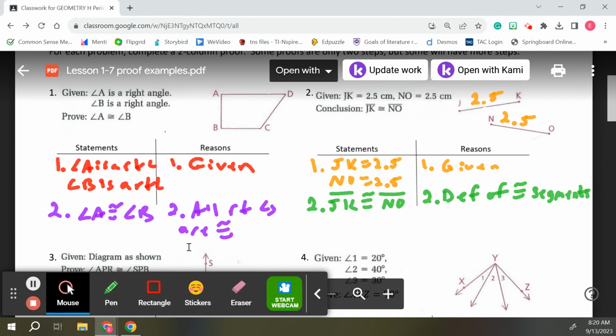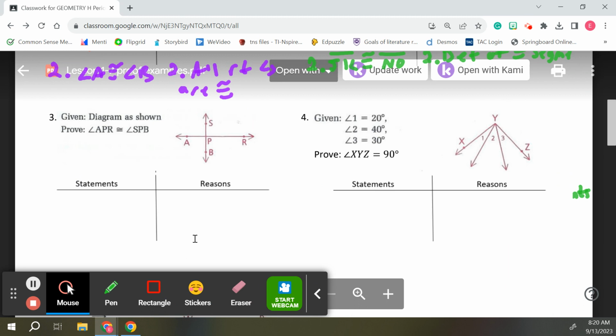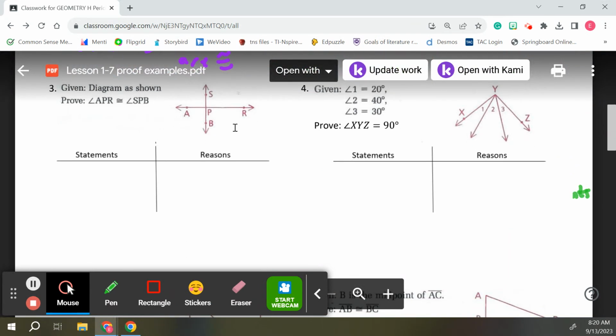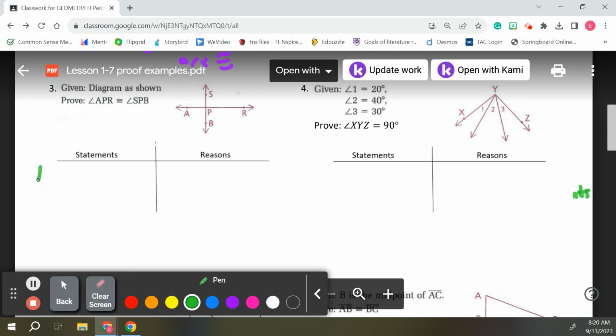All right, let's take a look at example 3. So this says, given, again, we're given this diagram, prove that APR is congruent to SPB. All right, so I'm first going to start with, I'm just going to put diagram as shown. And that's what's given to me.